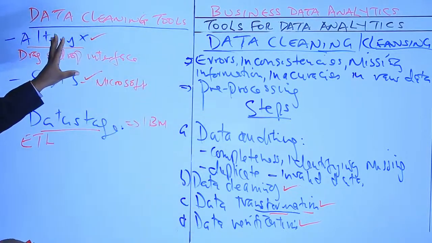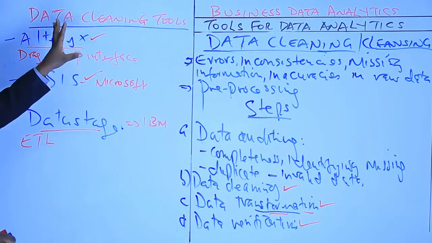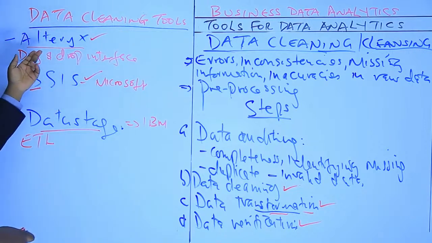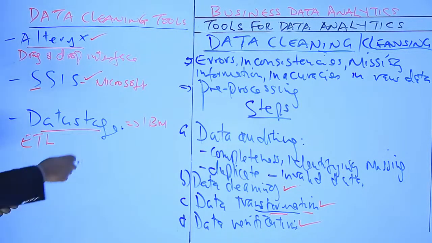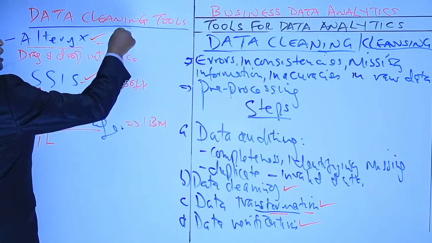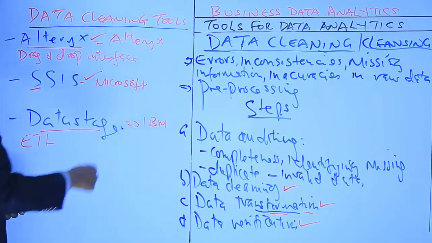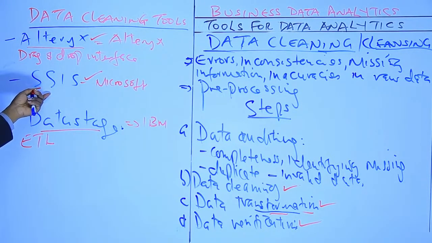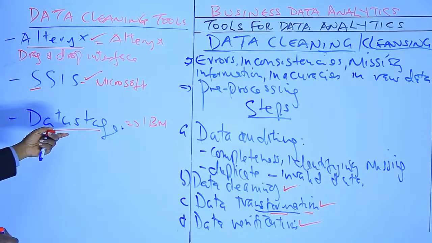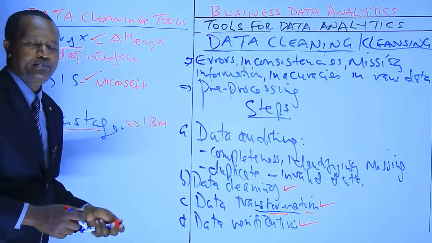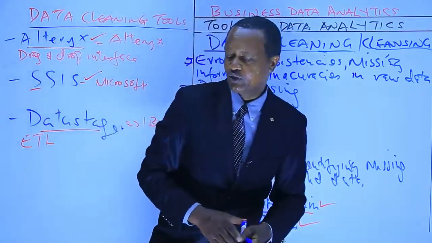Then we've highlighted 3 data cleaning tools. Alteryx, which is a tool developed by the company Alteryx. There is the SSIS tool, which is developed by Microsoft. Then there is DataStage, developed by IBM. Thank you for attending today's lesson.